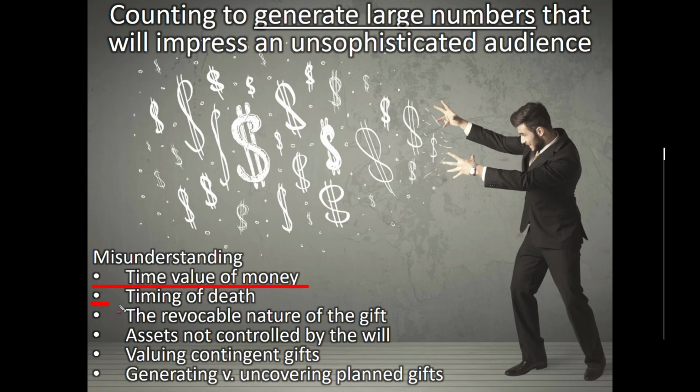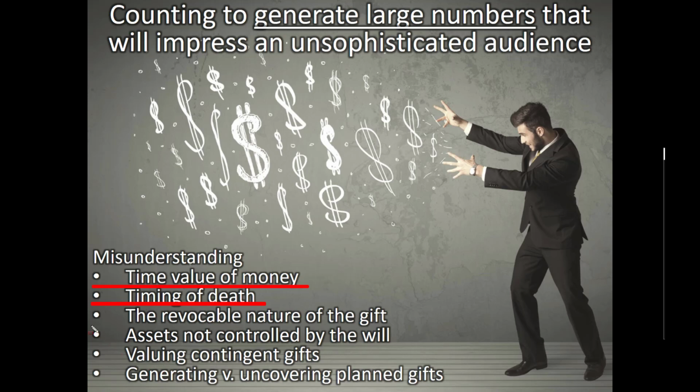Oftentimes there's a misunderstanding of the timing of death. There's the idea that the revocable commitments of somebody at a young age have substantial value because they have a substantial risk of death. And that's simply not borne out empirically. That is part of actuarial reality, okay?